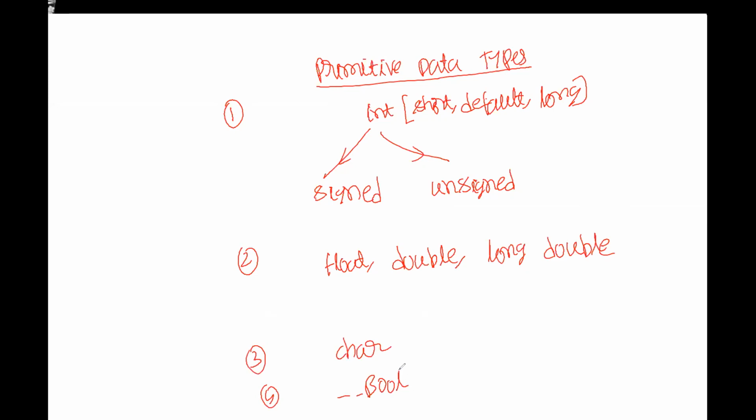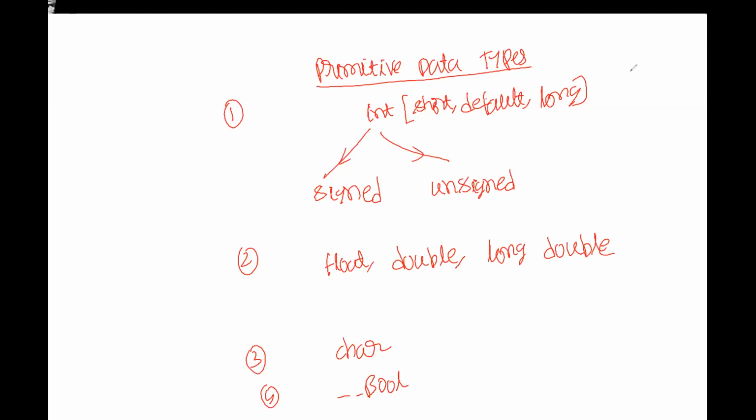So if a variable is of type integer, or if an object is of type integer, depending upon if it's a signed integer or an unsigned integer, there will be a suitable encoding for it in bits.